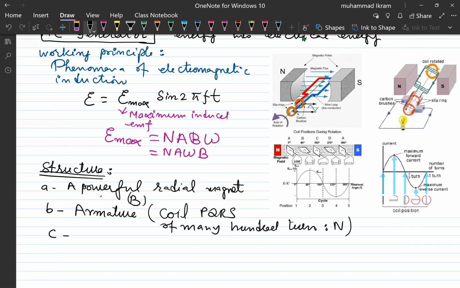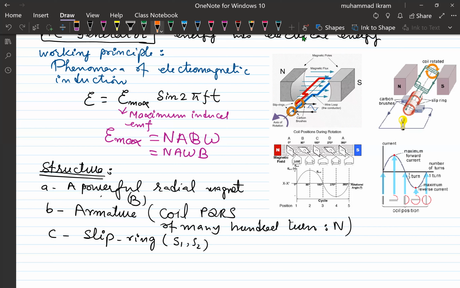And we have the copper slip rings. These slip rings I will mark as S1 and S2 in my diagram. You see here that this is the copper slip ring.